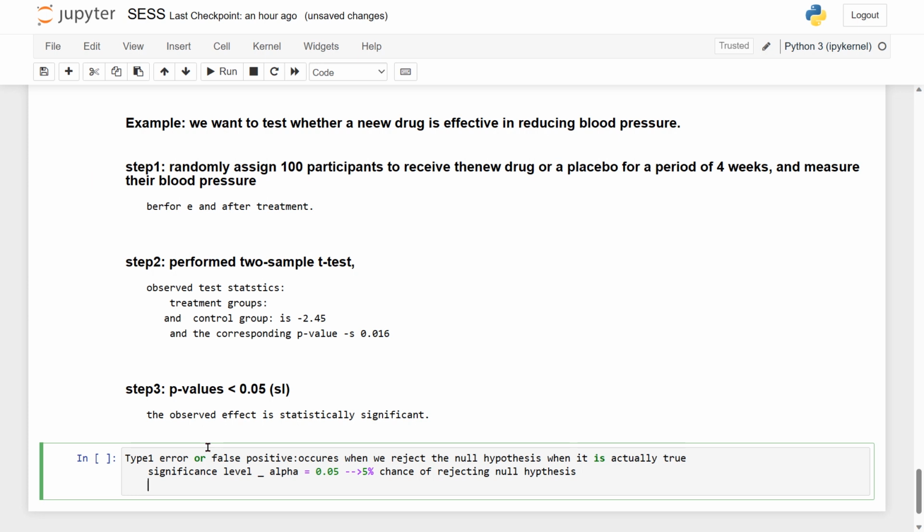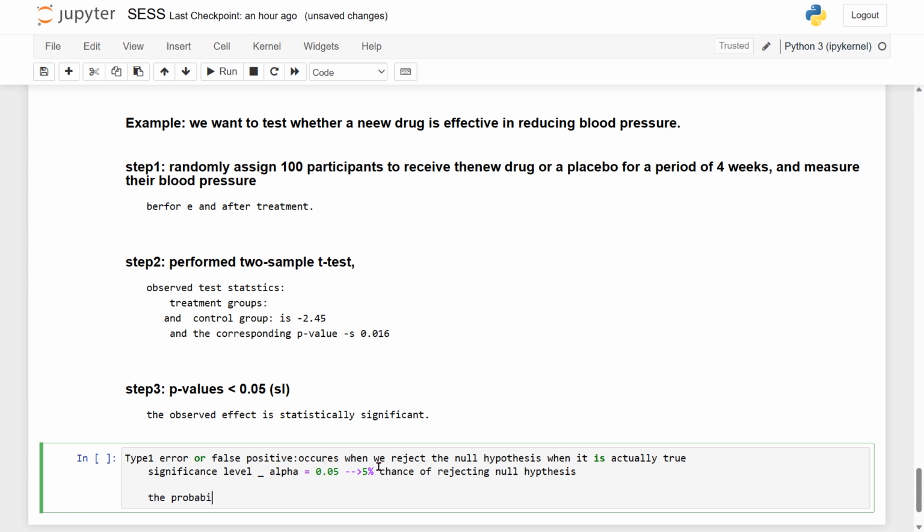Only 5%. There ends the matter. So the level of significance is the one which decides the probability of making type 1 error, because that much percentage of chance we have to reject that null hypothesis. That's it.